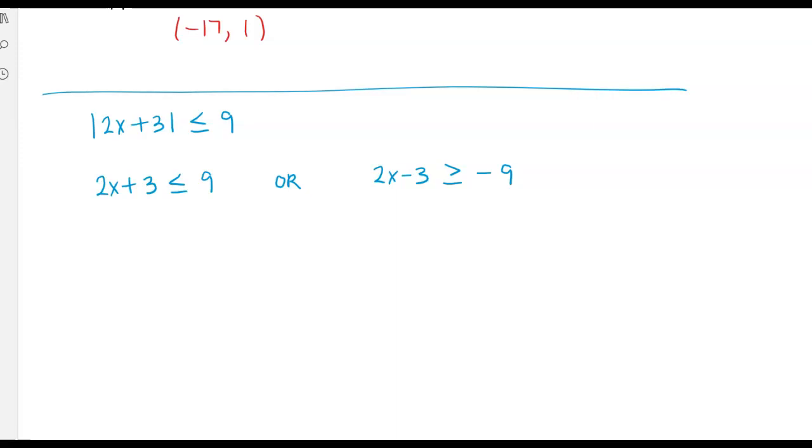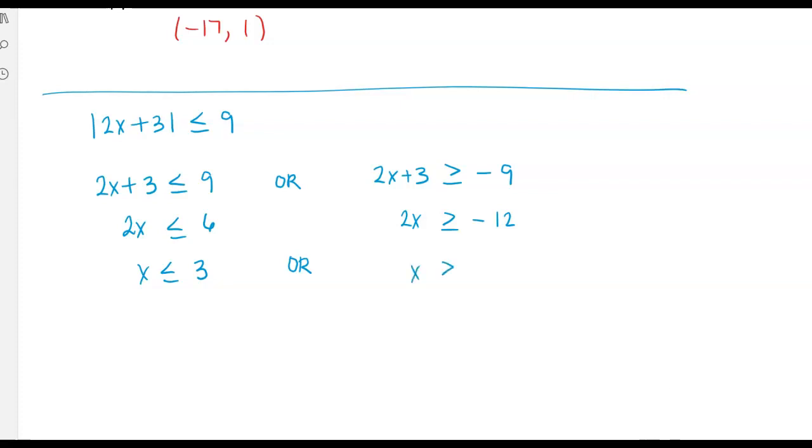Let's subtract 3 from both sides to get 2x less than or equal to 6, and x is less than or equal to 3. On the right, 2x is greater than or equal to negative, this should be a plus, right? Negative 12.